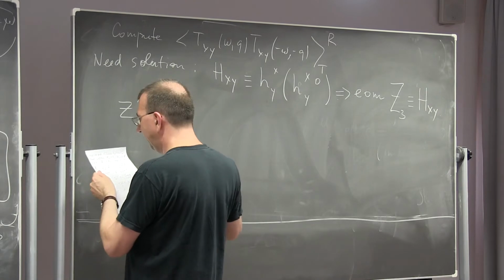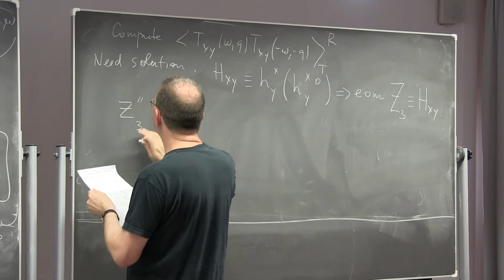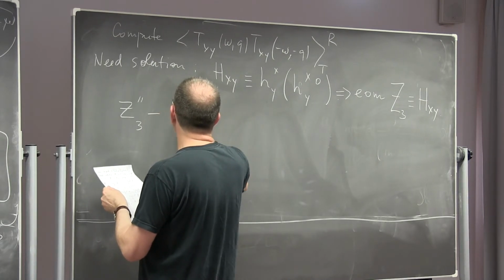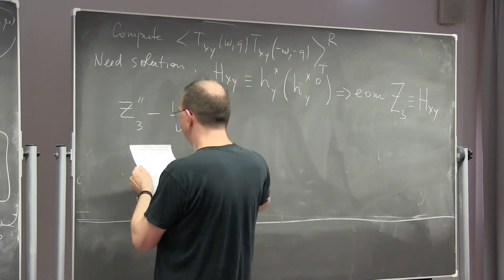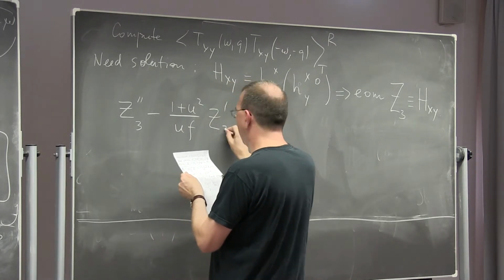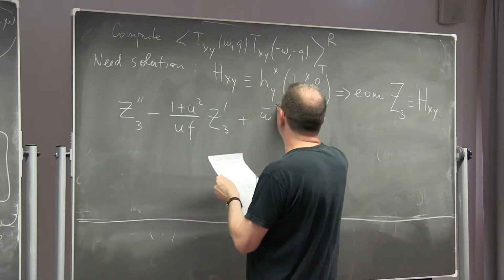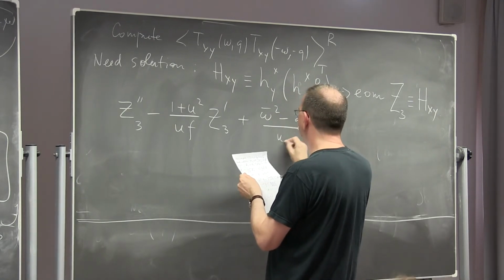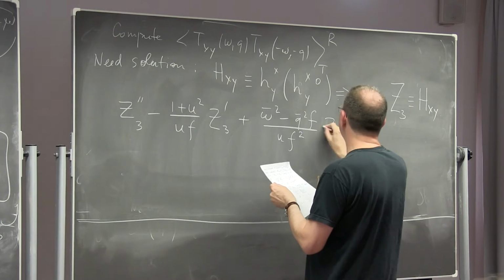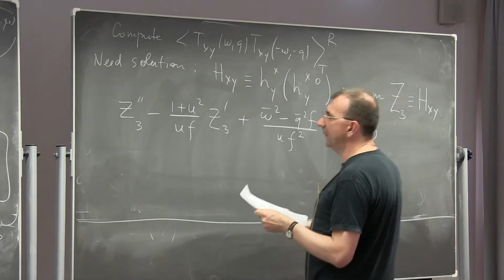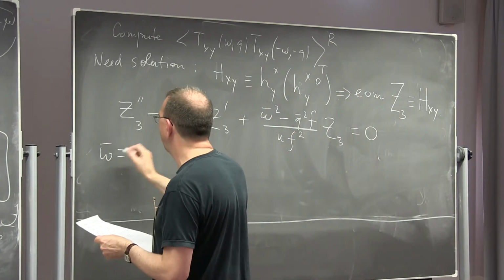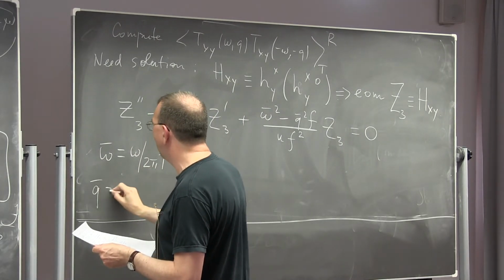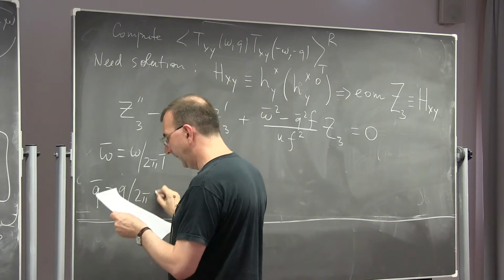So this is z double prime with respect to u. All right, so all derivatives will be with respect to this radial coordinate u: z'' minus (1 plus u squared)/(u f) z' plus (omega bar squared minus q bar squared f)/(u f squared) z 3 equal to 0. So omega bar is omega normalized by temperature, omega over 2 pi T, and q bar is the same, q divided by 2 pi T.